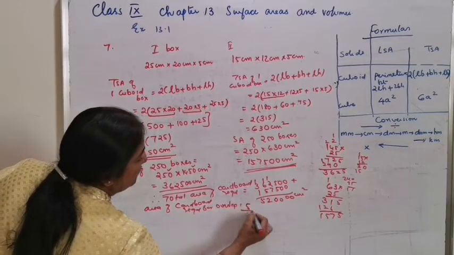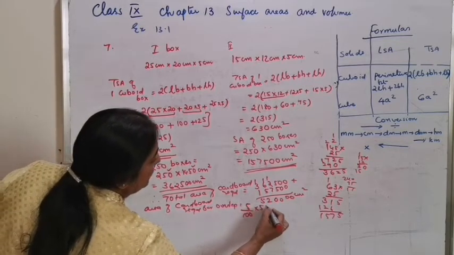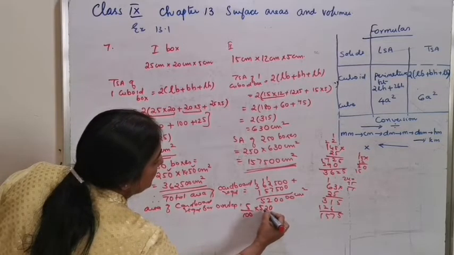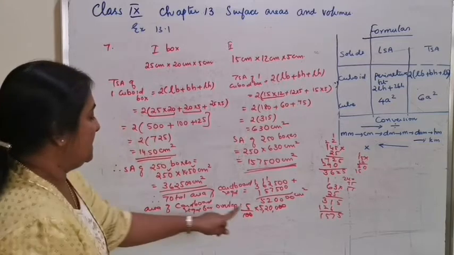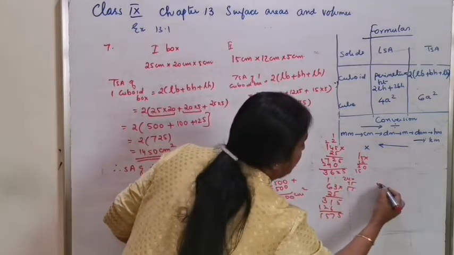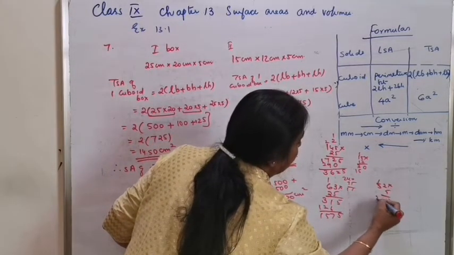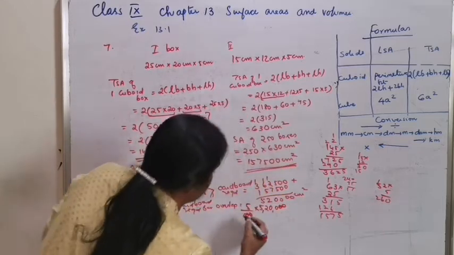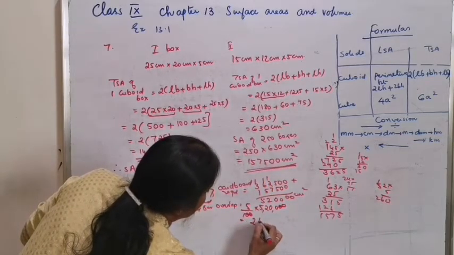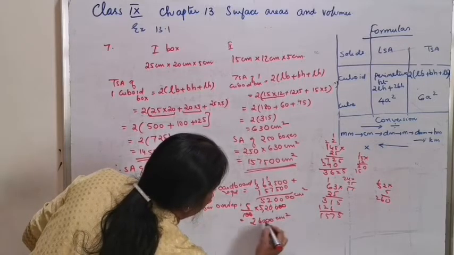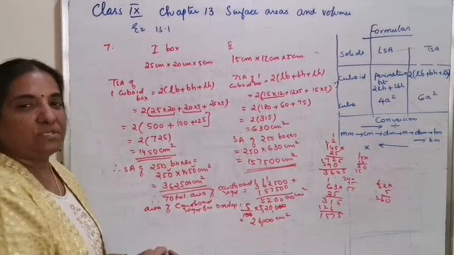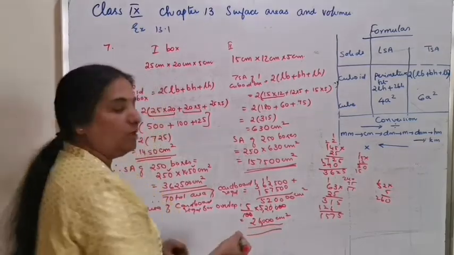It is 5 by 100 of 5,20,000. That means 5,200 into 5, which is 26,000 centimeter square. So 26,000 centimeter square is needed for the overlap.